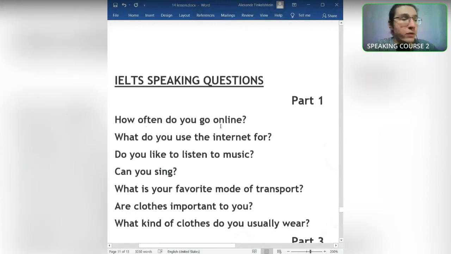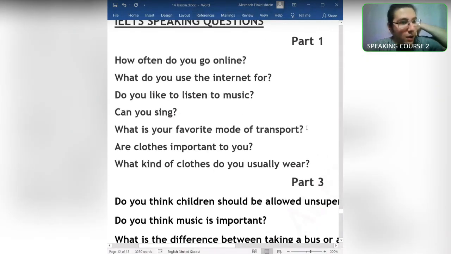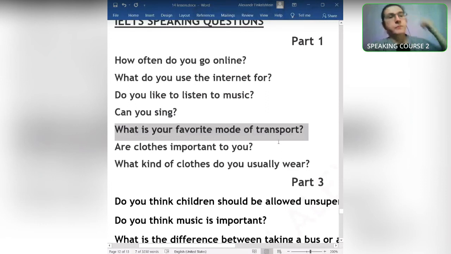What is your favorite mode of transport? Okay, let's get into it. For this question, I kind of have several answers because I use different types of transport for different purposes. But for me, my favorite mode of transport would probably be rollerblades. Rollerblades are the types of shoes where you have like several wheels at the bottom and you can travel as if you are ice skating. And in general, rollerblading has been one of my biggest passions for the past couple of years.